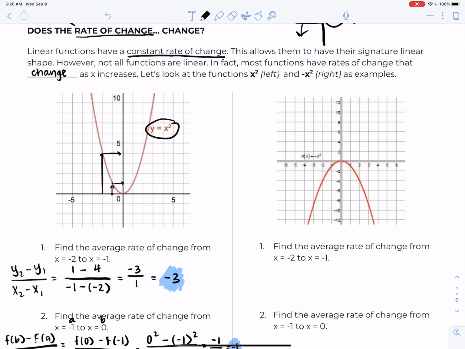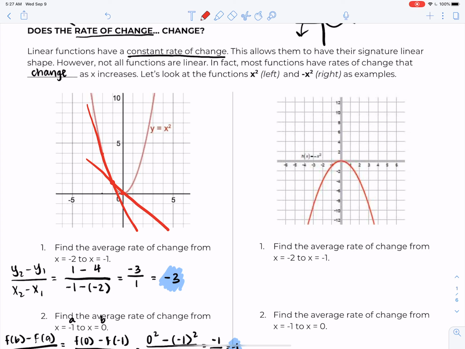And we can draw this visually. Let me pick another color so we can look at this. And I'm going to get rid of these things I drew up on the board. Okay, there we go. So let's look at this function. We can draw a slope that connects the points we were talking about. From negative 2 to negative 1, that's from here to here. The rate of change talks to us about slope. And so we're seeing, okay, there's that slope. It's super negative. And then from negative 1 to 0, from here to here, this slope is less steep.